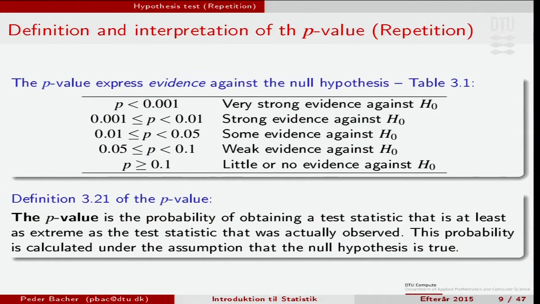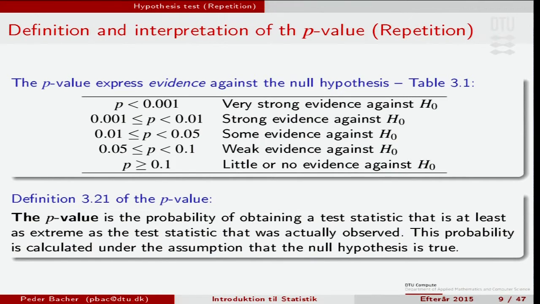If we have a double-sided test, so if H0 is, for example, mu is equal to 0, then the alternative is the negation of this expression, that mu is different from 0.